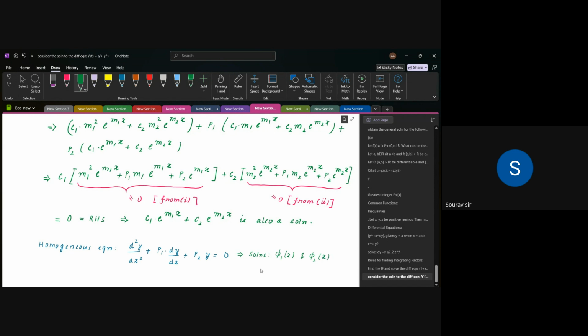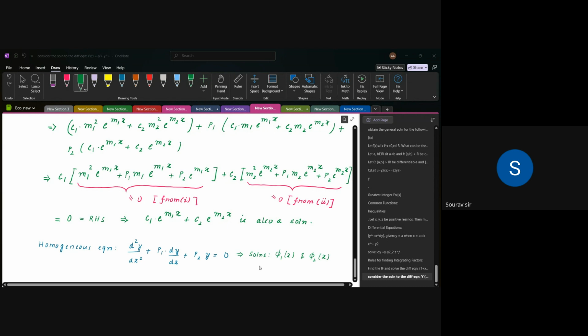Suppose, whatever the starting point and however we have got it, I'm not going into that part, this has two possible functions as solutions, phi 1x and phi 2x.